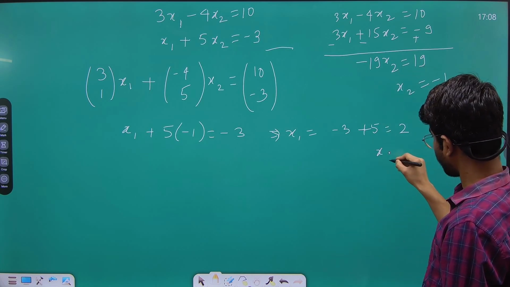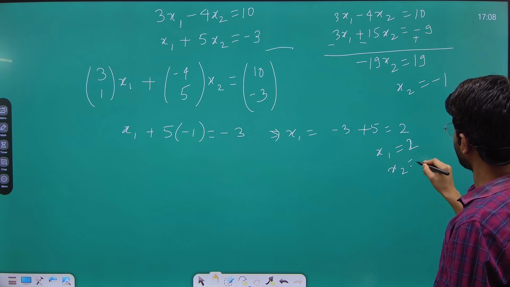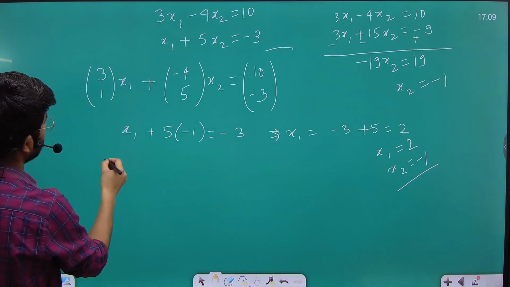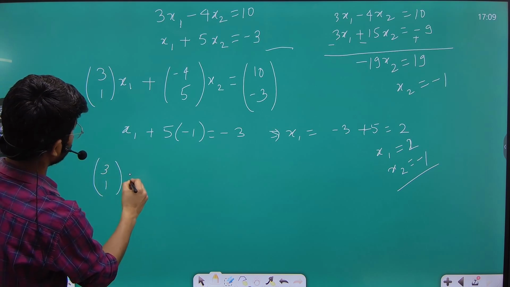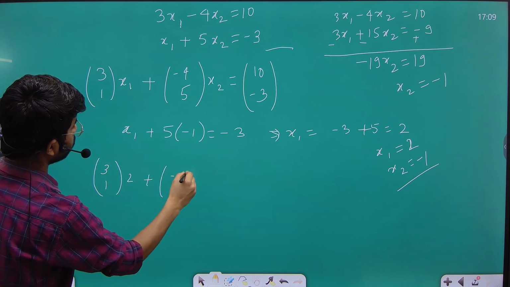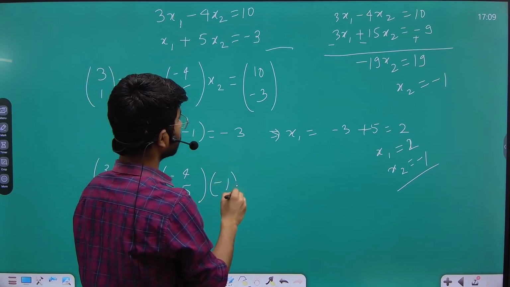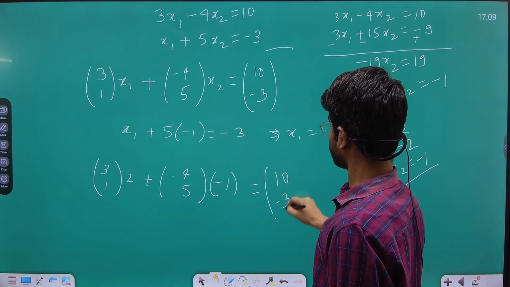So the value is x1 equal to 2 and x2 equal to minus 1. So [3, 1] multiplied with 2, and [-4, 5] multiplied with minus 1, will equal [10, -3].